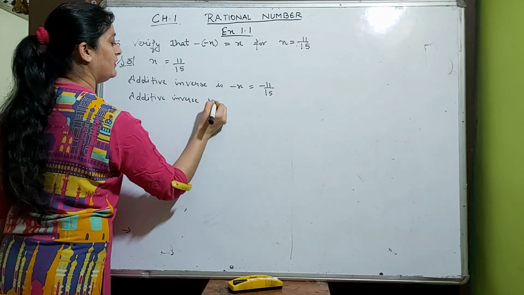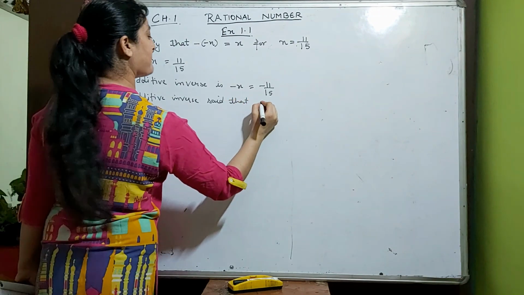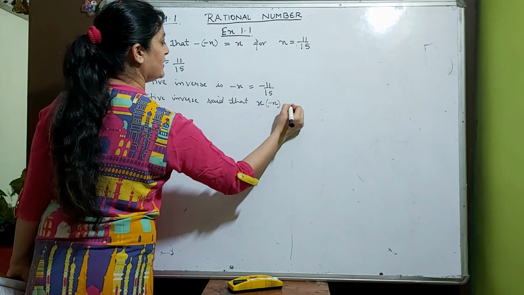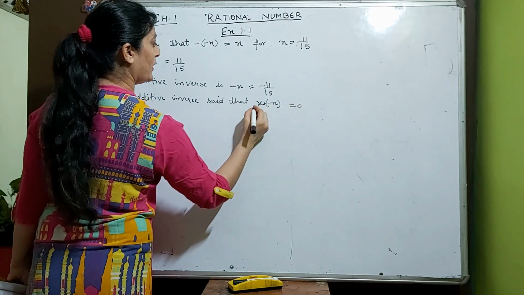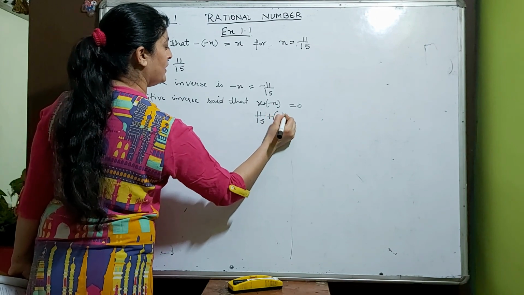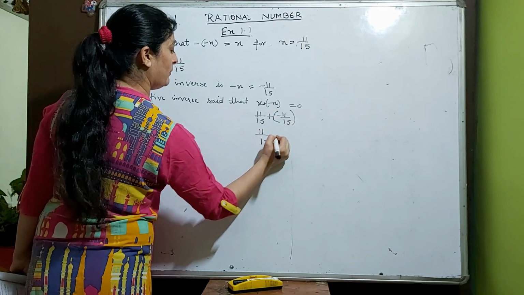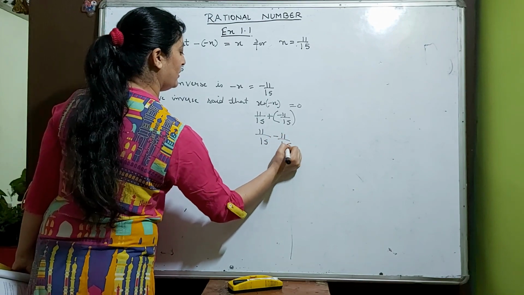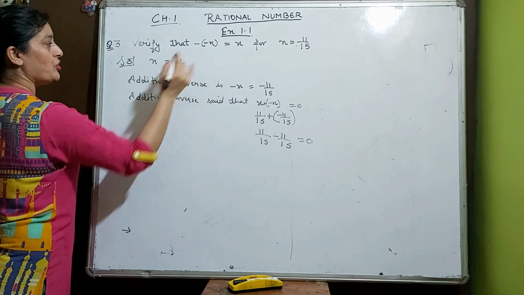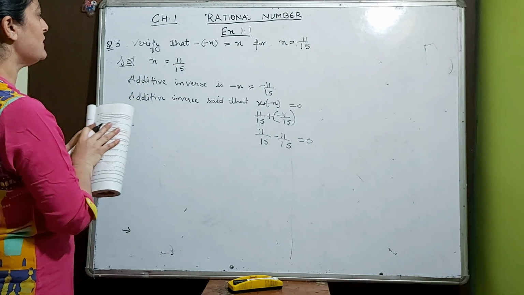It says that x plus minus x is equal to 0. तो x की वैल्यू क्या है, 11 by 15 प्लस माइनस 11 by 15, 11 by 15 minus 11 by 15, that is 0.